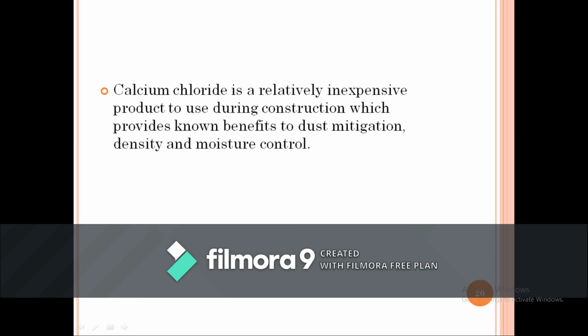Of all these, the most important thing is it is a relatively inexpensive product to use during construction, which provides known benefits of dust mitigation, density and moisture control. Because of these three main things, that is dust mitigation, density and moisture control, calcium chloride is being used. So calcium chloride finds its use mostly in construction because of its inexpensive nature.